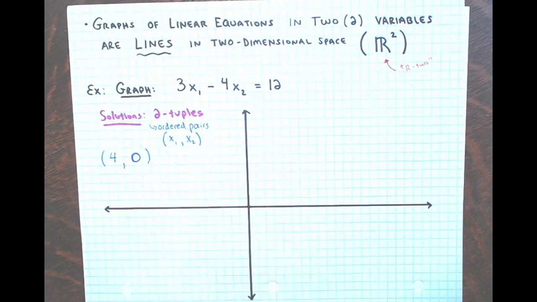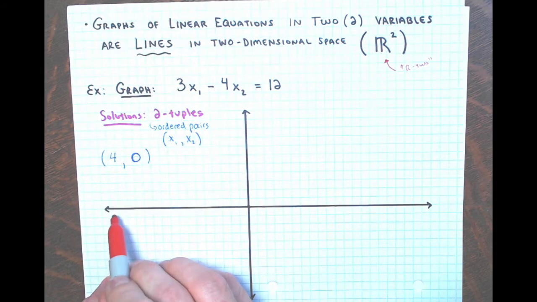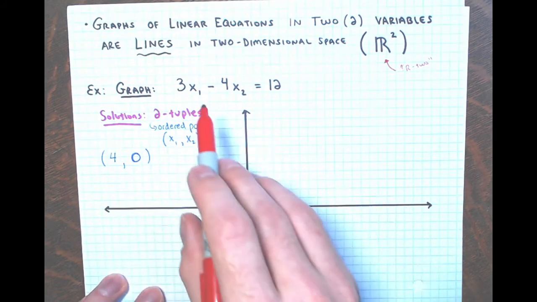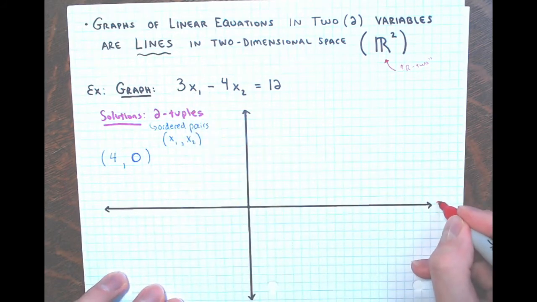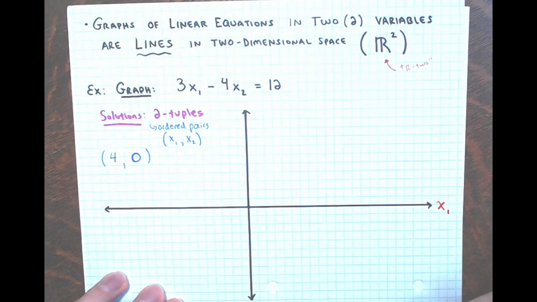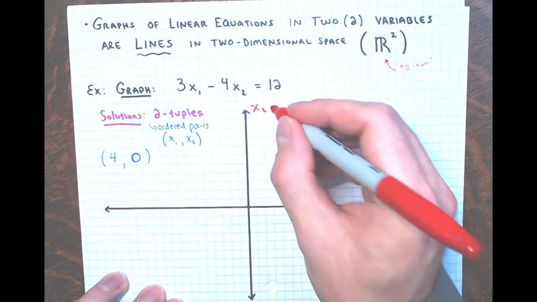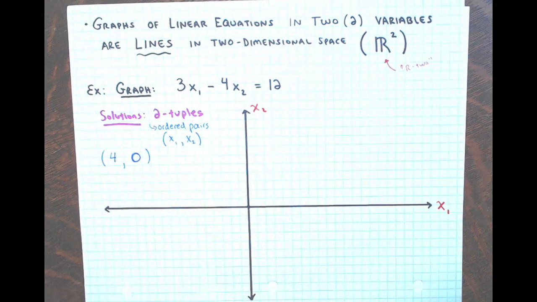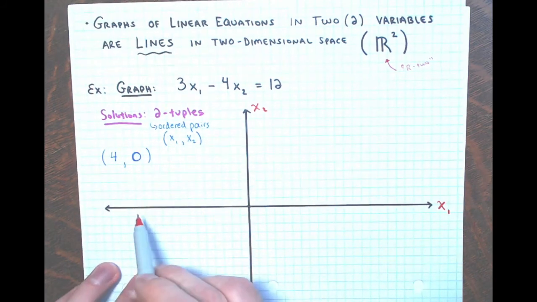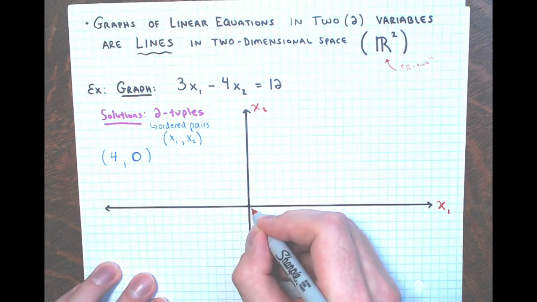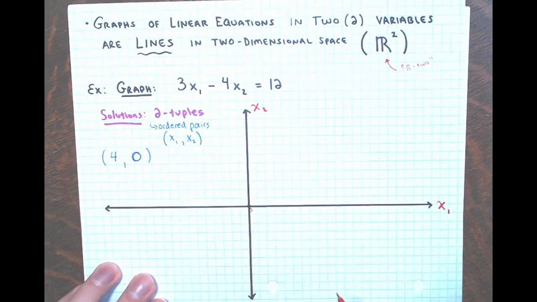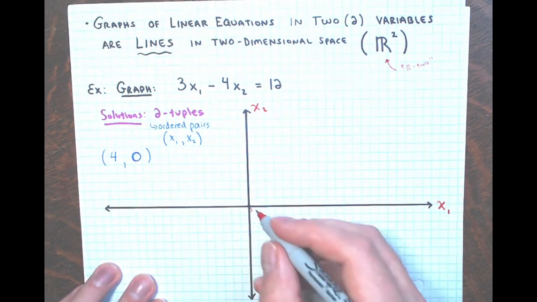Well, two variables, going to have these two perpendicular number lines, one for each variable. Let's say this horizontal number line represents the values of x1, and the vertical number line represents the values of x2. Now they're both real number lines, right? So for the horizontal one, I have a 0 in the middle, and every square here represents 1 unit.